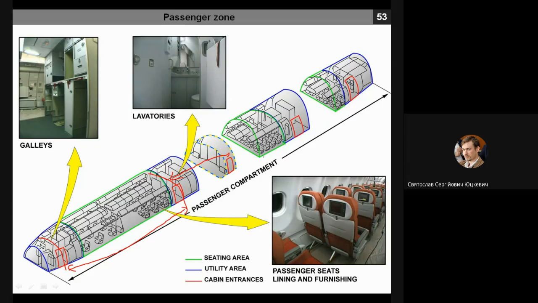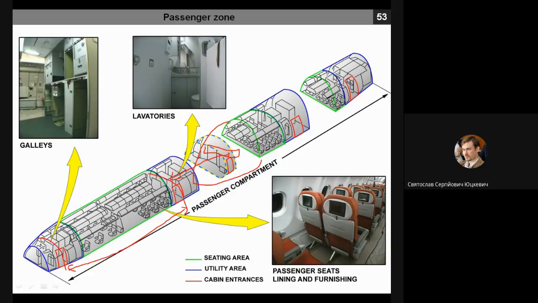But in some cases, if we talk about the dead end, when there are no emergency exit in the forward part, let's imagine that flight deck will be located here. So we have an emergency exit in forward part, so it will be a dead zone.